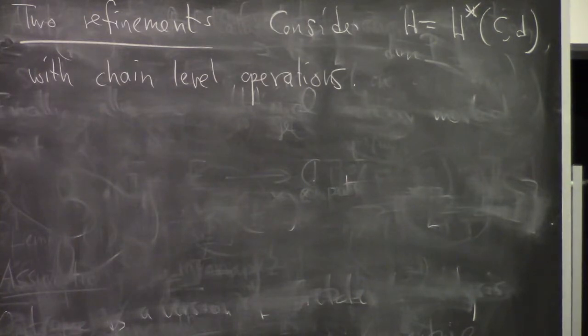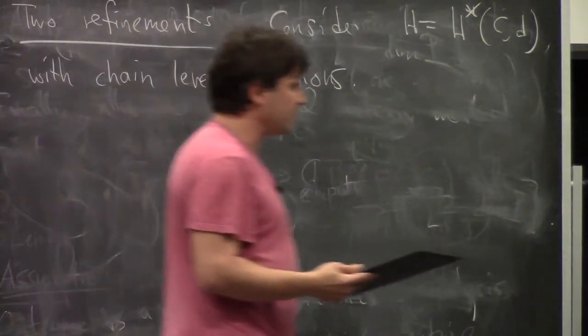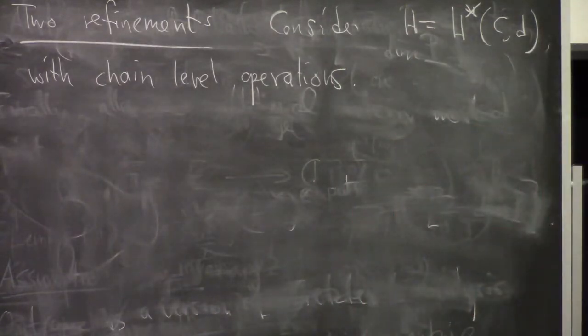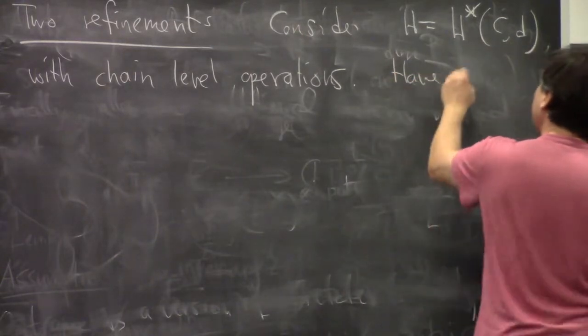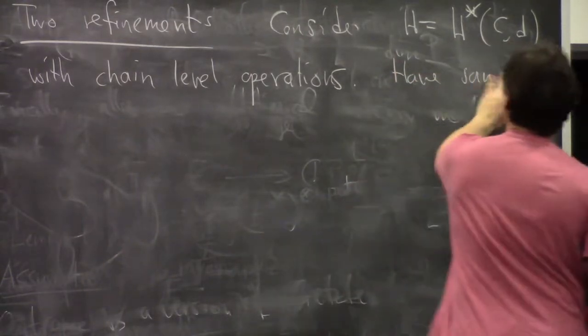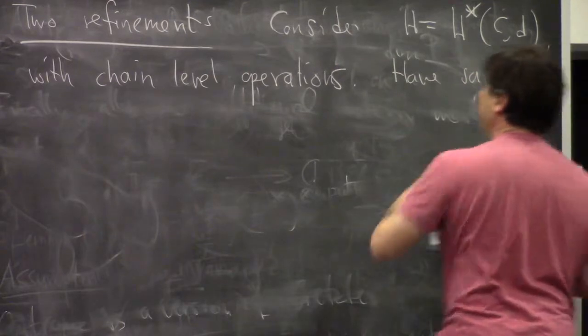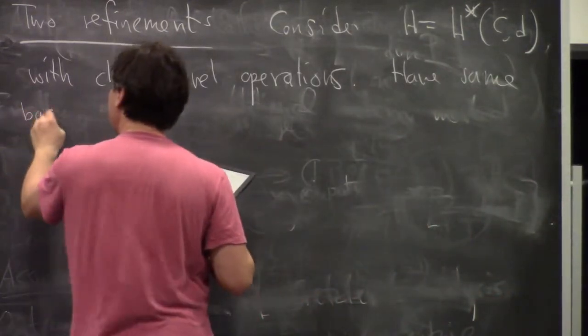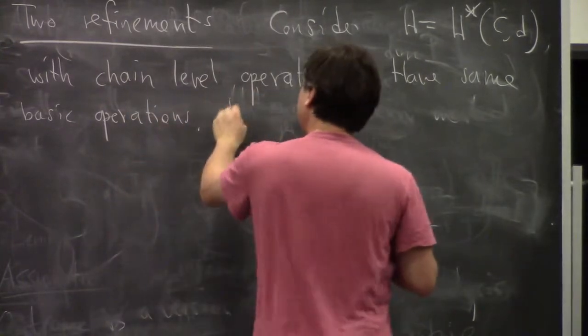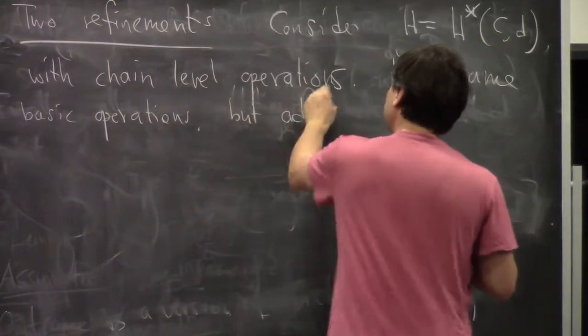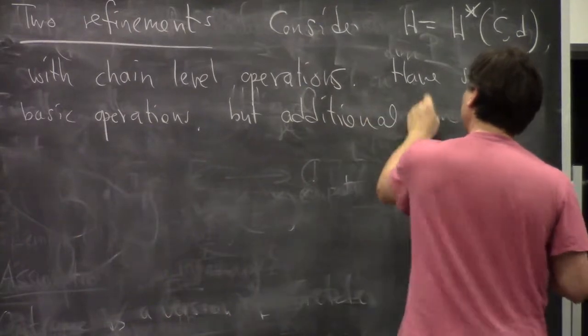The difference is that the relations that you previously had, such as delta squared is 0, or the Jacobi relation, will hold only up to chain homotopy. Okay? So I have the same basic operations, but additional homotopies.